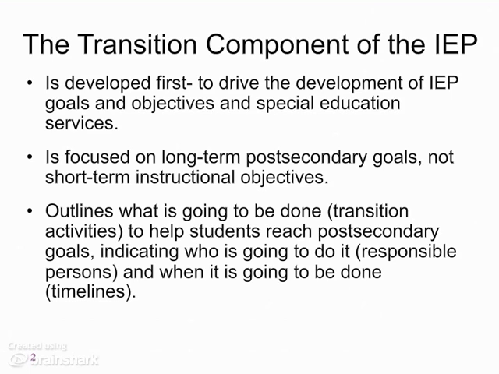It's important to remember that we're looking at long-term goals. We're not necessarily looking at setting things up for the short term in terms of what the student's going to do this school year. This is more of a big picture type of plan.